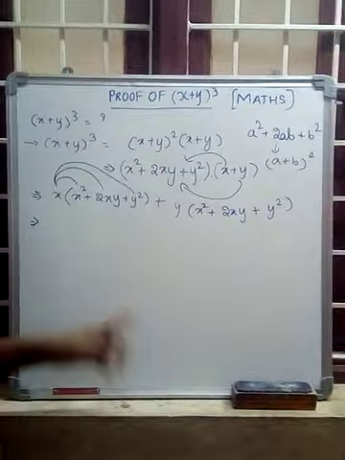Now let's do it. x into x square, it is x power 3 or x cube. Plus x into 2xy: there are 2x and x, so it will become 2x square and the remaining y.